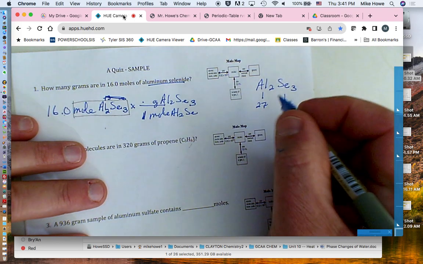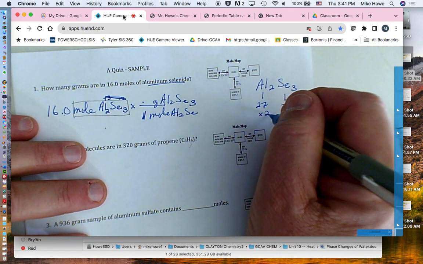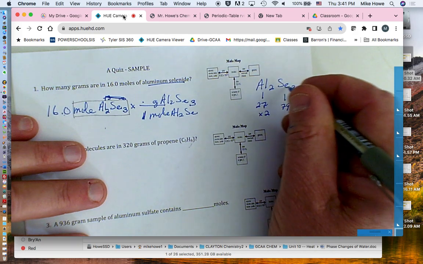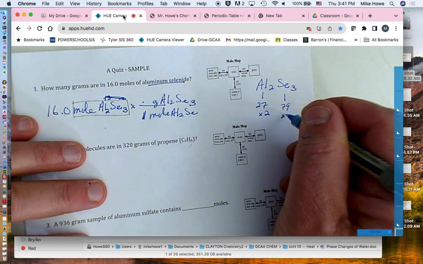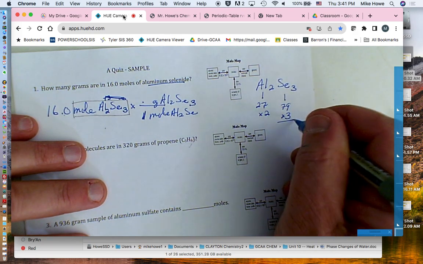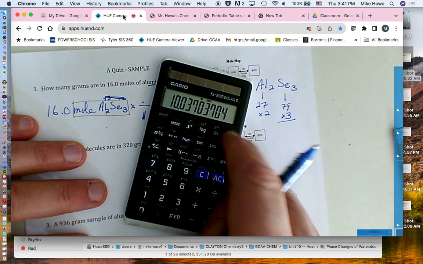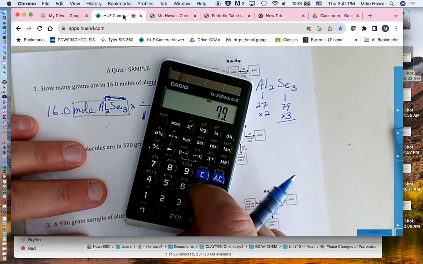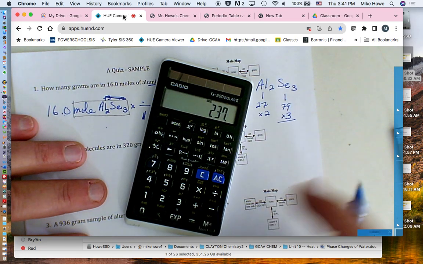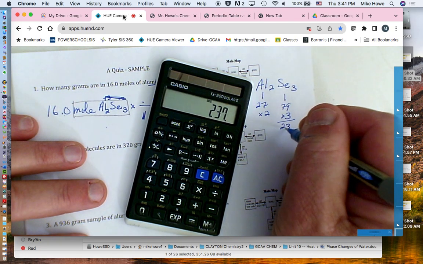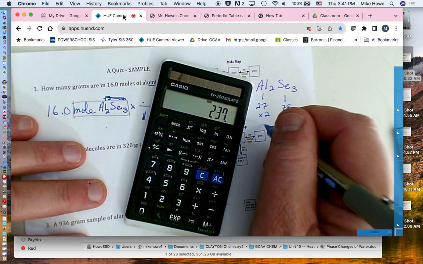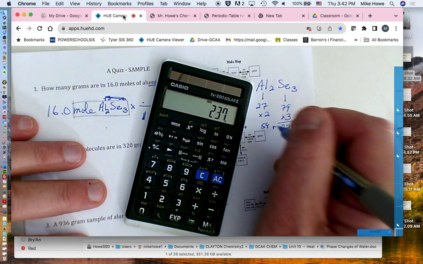All right, we need to multiply the 27 by 2 because there are 2 of them. We need to multiply the selenium by 3 because there are 3 atoms of selenium. So 79 times 3, you pull out your calculator and go 79 times 3, 237. And 27 times 2 is 54. Then add these together.